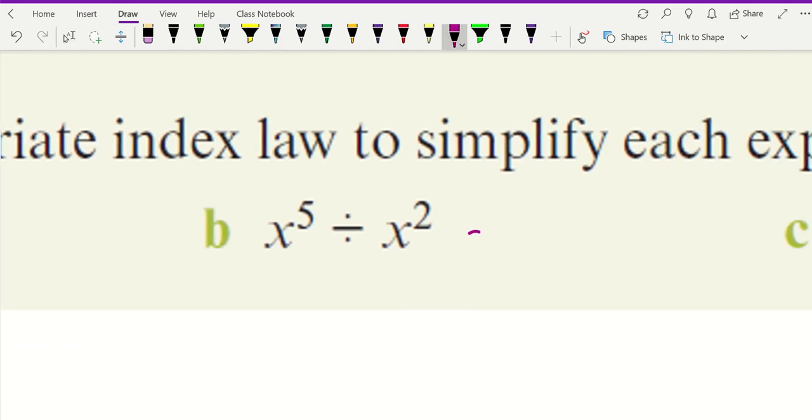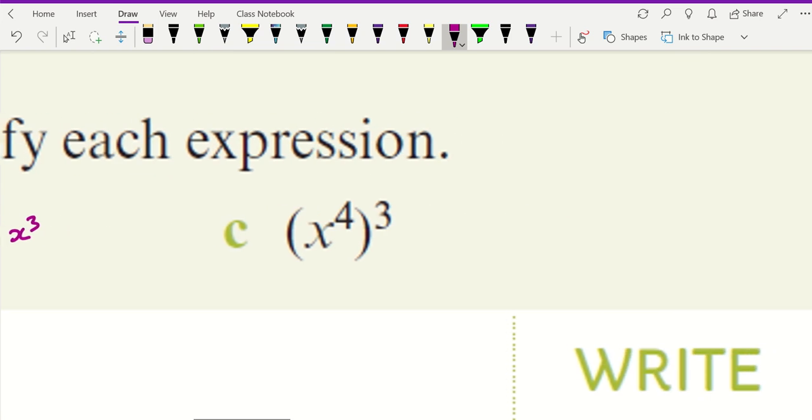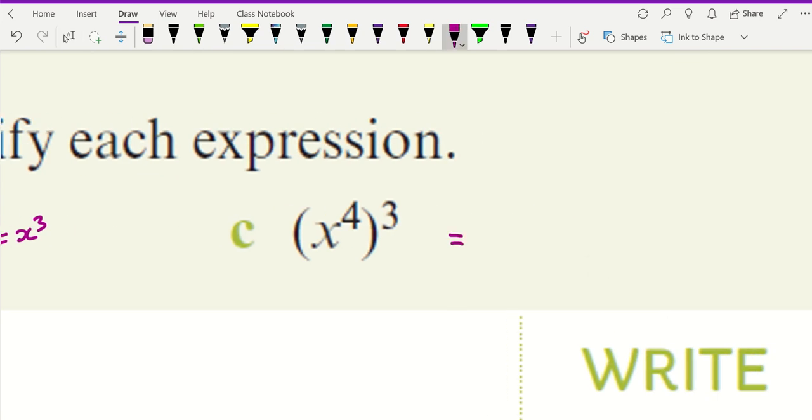This one is x to the power of 5 take 2 equals x to the power of 3. And then what's this one? It's x to the power of 4 times 3, and that's x to the power of 12. There we go.